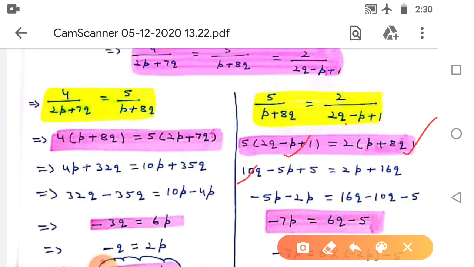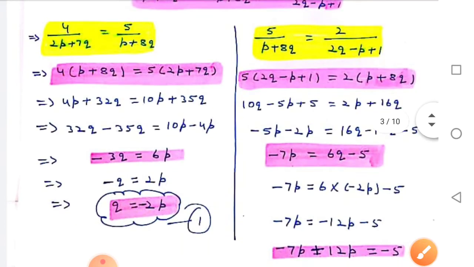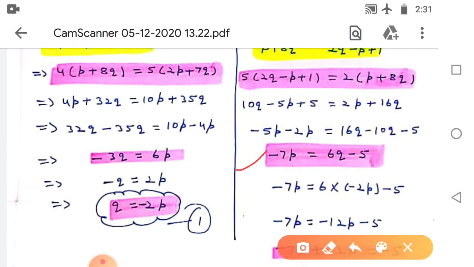Now 5 2s are 10q minus 5p, 5 1s are 5, and 2 into p is 2p, and 2 into 8q is 16q. So minus 5p minus 2p is equal to 16q minus 10q minus 5, and we have a relation here, minus 7p is equal to 6q minus 5.